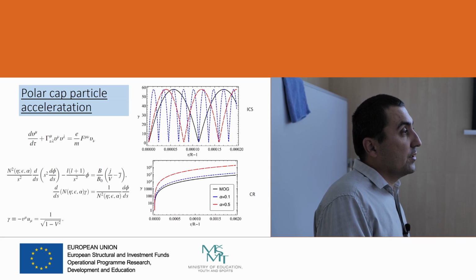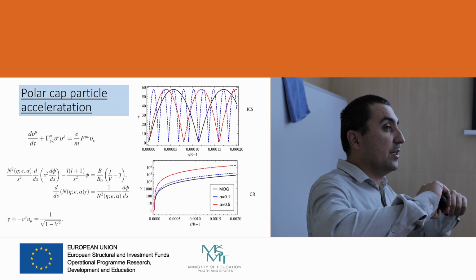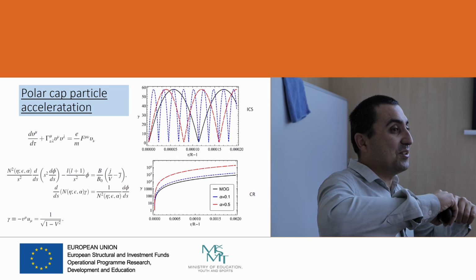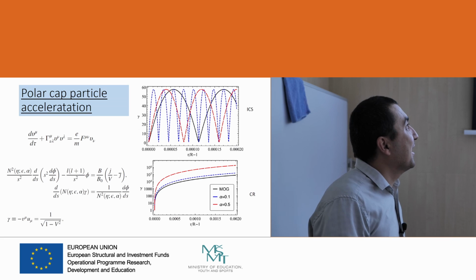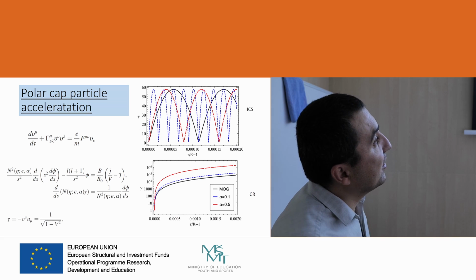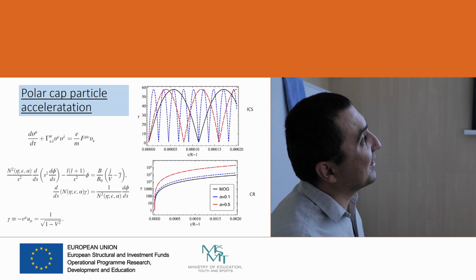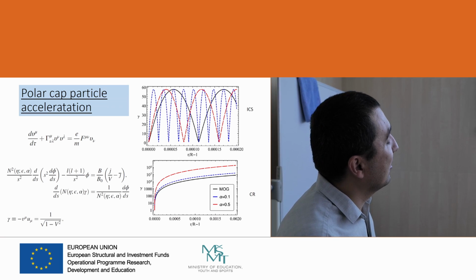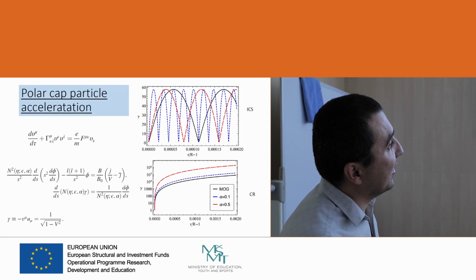So, as we said about the primary electron accelerators along the magnetic field, here two different analyses are shown for the gamma Lorentz factor of the stars.